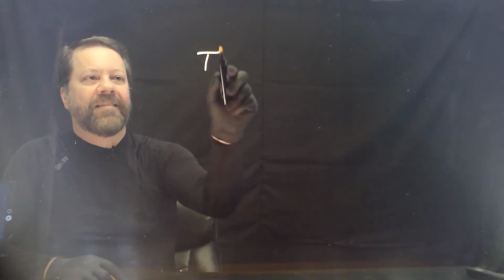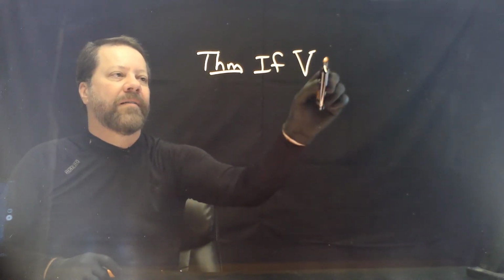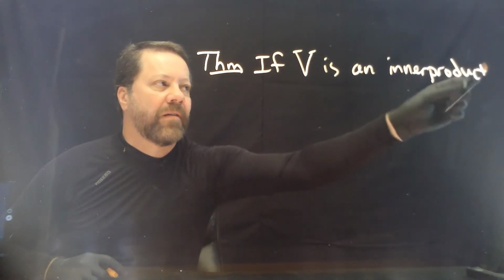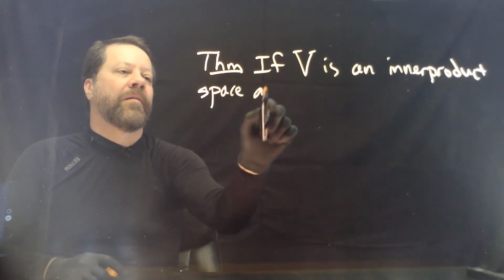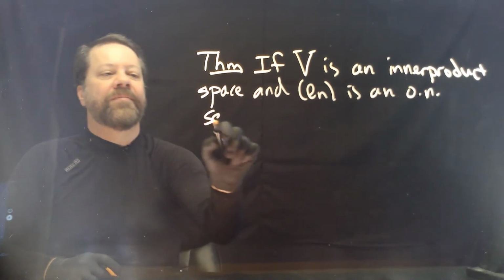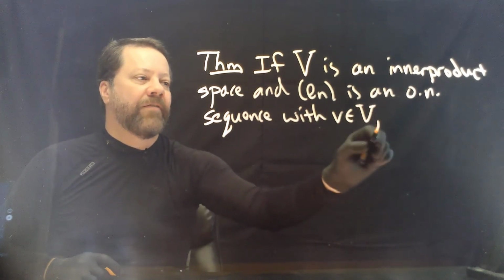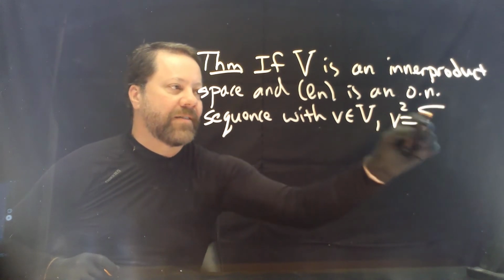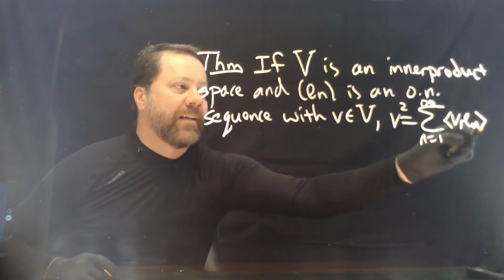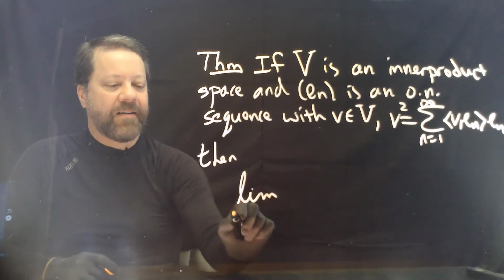It's obvious then that if V is an inner product space, and En is an orthonormal sequence, with v in V and v equals, in the L2 sense, the sum, as n goes from 1 to infinity, of the inner product of v with En, times En, then what happens to the error?